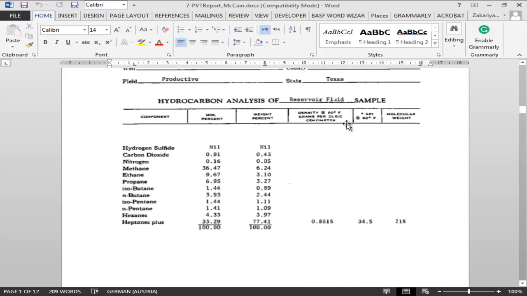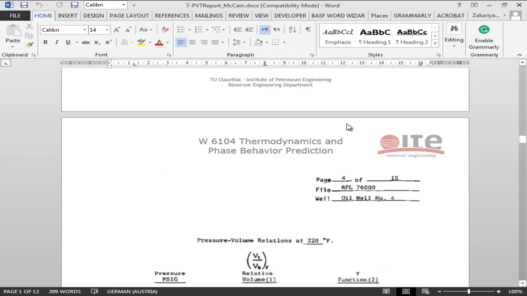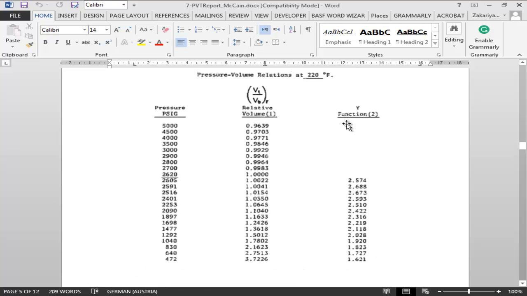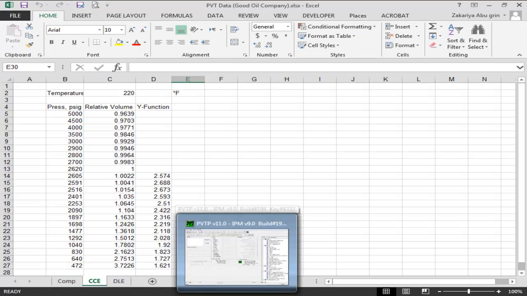So this is the data, and we already have it in CCE in the Excel sheet. Now we will continue our work, our project, in the last files. I hope that everyone has already saved his project, and we will need it now.